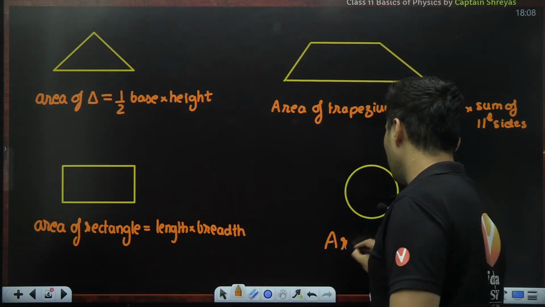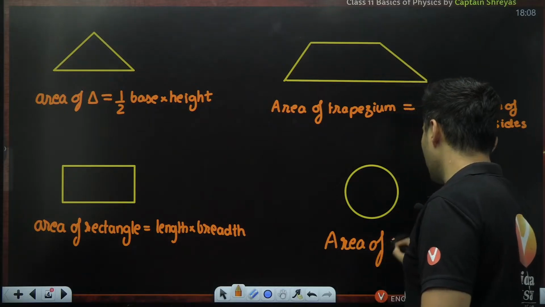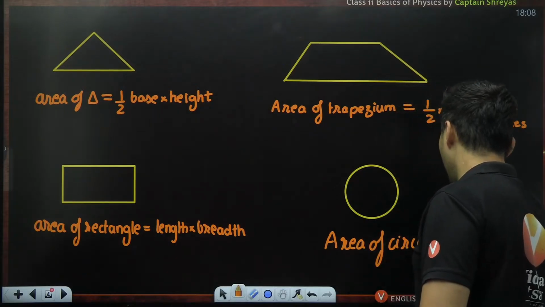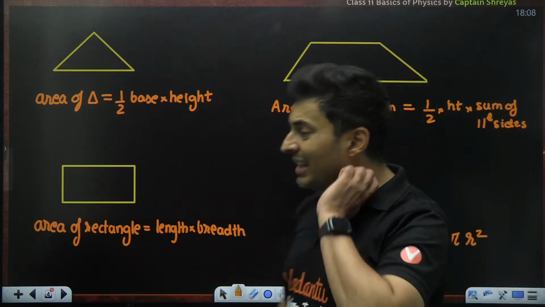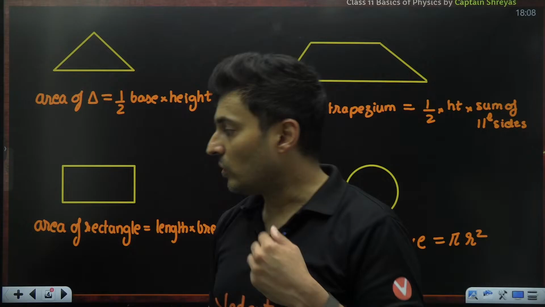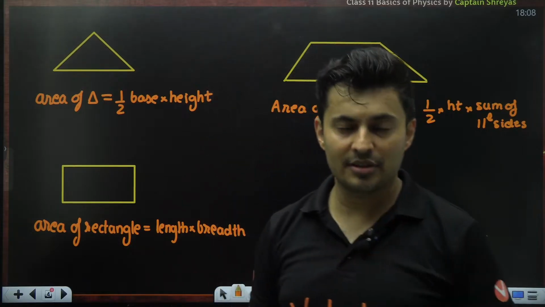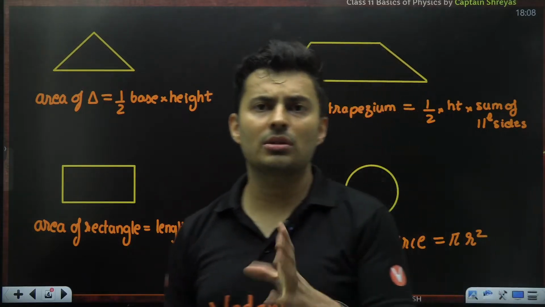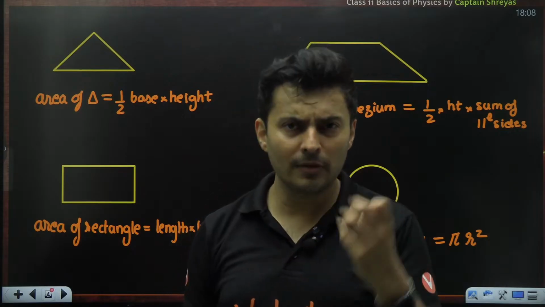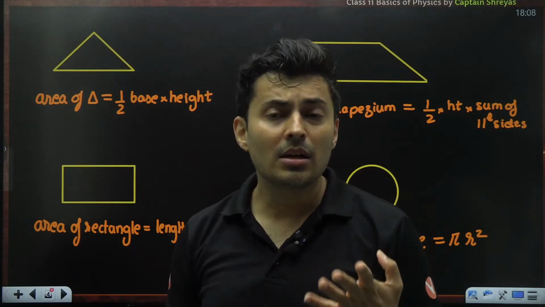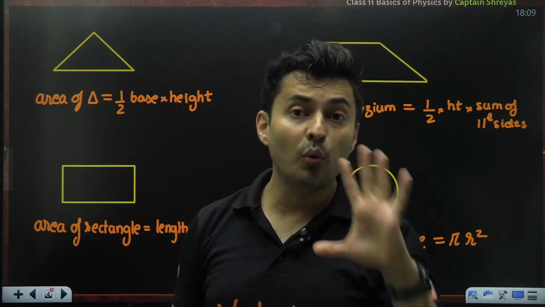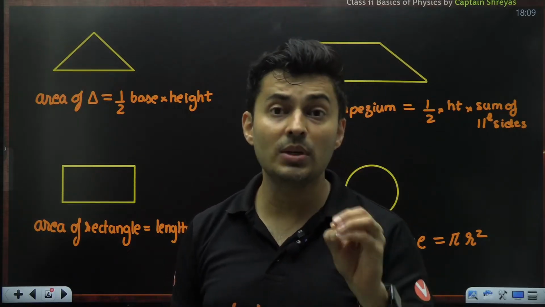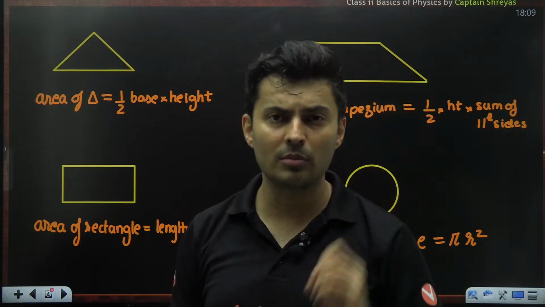So the area of a circle is pi r square. Now we need these areas for solving many questions of graphs. Many questions of graphs need the calculation of areas. Like you will see in thermodynamics of physics, to calculate the work done by a gas, you need the area under a pressure volume graph.